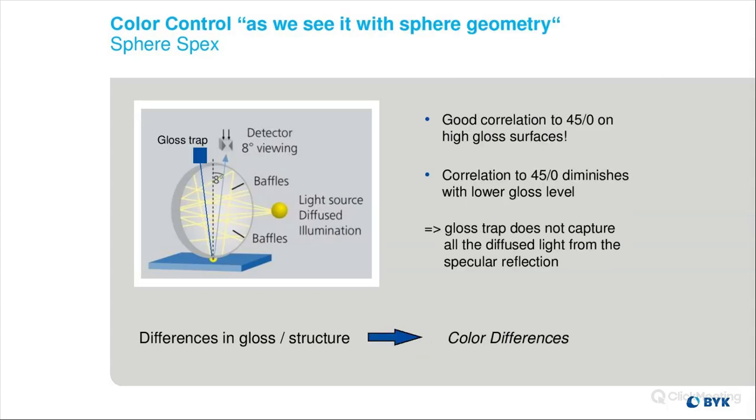And with this sphere geometry, there's also another way where you can simulate values that would correlate better to what we see visually, rather than just having the pure pigmentation change. And so with that, there's a mode called SPEX, or specular excluded. Sometimes people write it as SCE. With this geometry, this opens up a gloss trap.